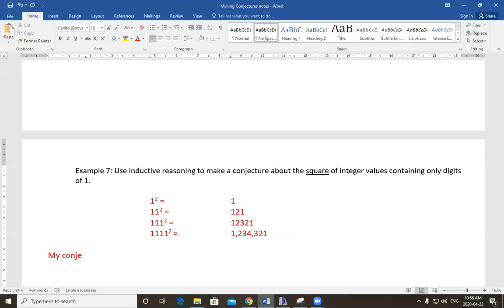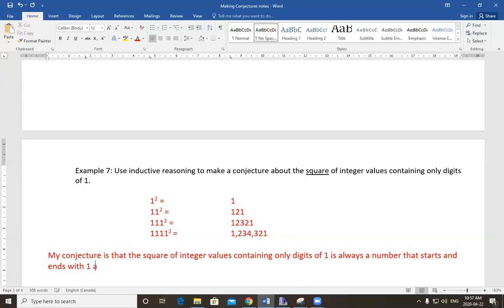So my conjecture is that the square of integer values, can't spell square, square of integer values containing only digits of 1 is always a number that starts and ends with 1 and counts up to the number of 1s in the number being squared and back down again.